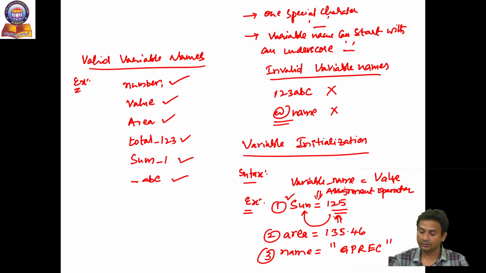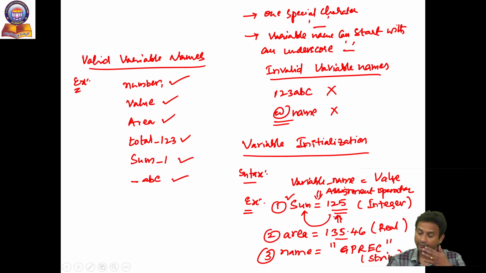Here sum is initialized with the number 125, which is an integer. The area is initialized with the value 135.46, which is a real number. The variable name is initialized with the value GPREC, which is a string.